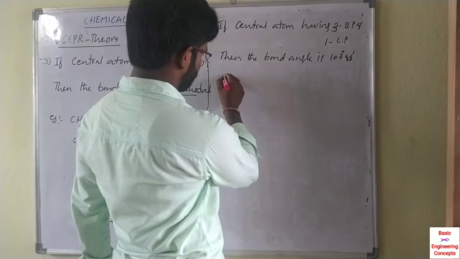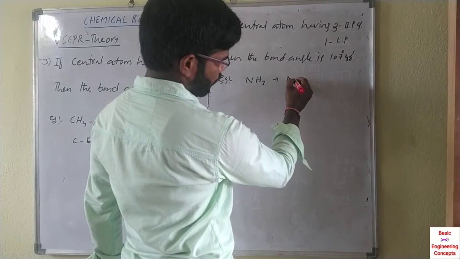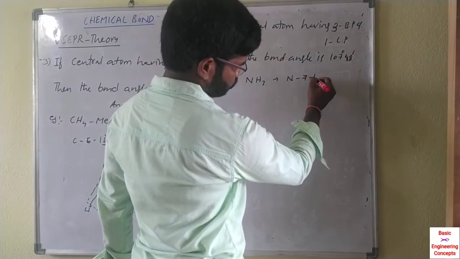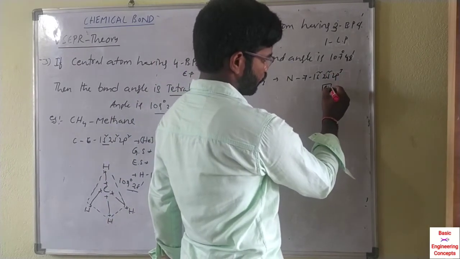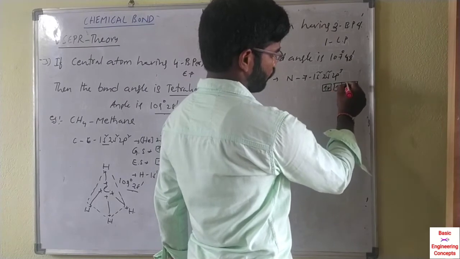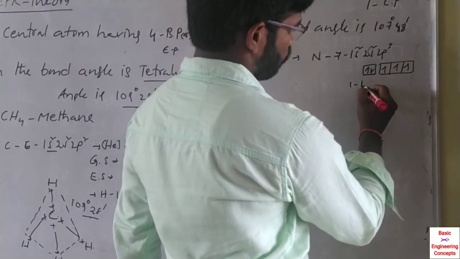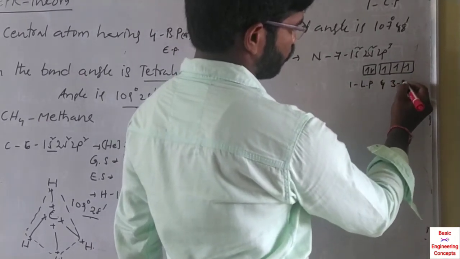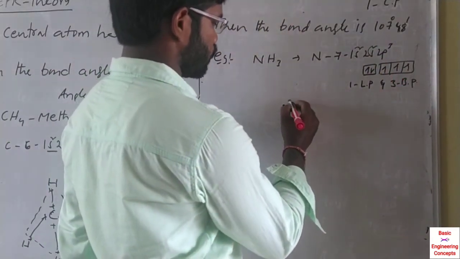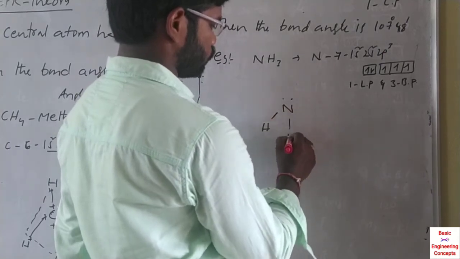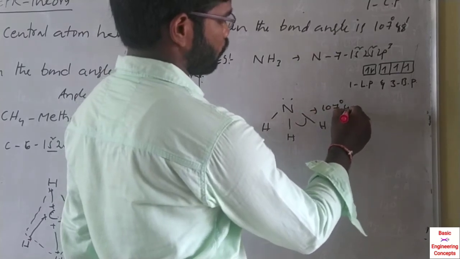Example, NH3. Here nitrogen is 7, 1s2 2s2 2p3. 2s has 2 electrons and p has 3 electrons. So here there is 1 lone pair and 3 bond pairs. You can write the structure of NH3 like this. So the bond angle will be 107 degrees 48 minutes.